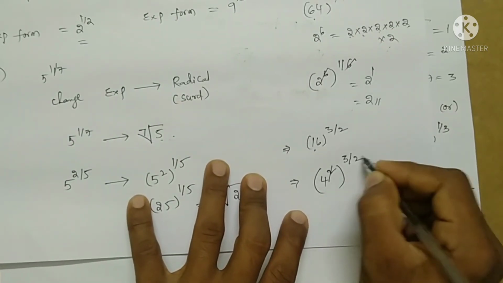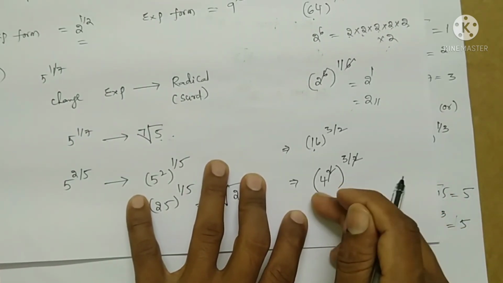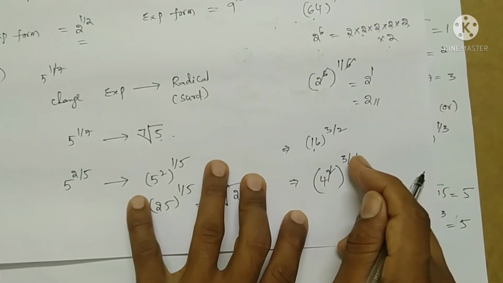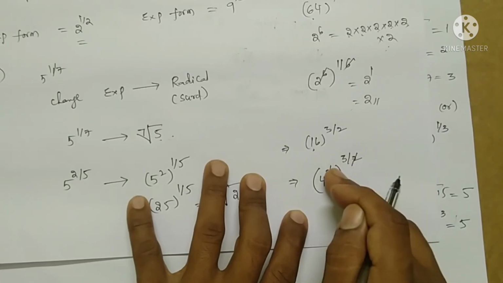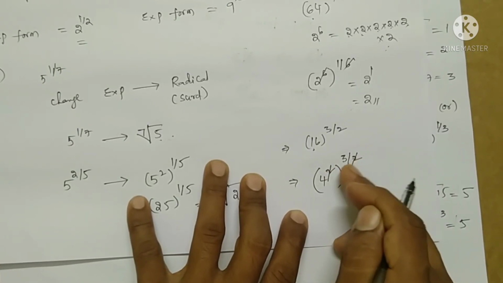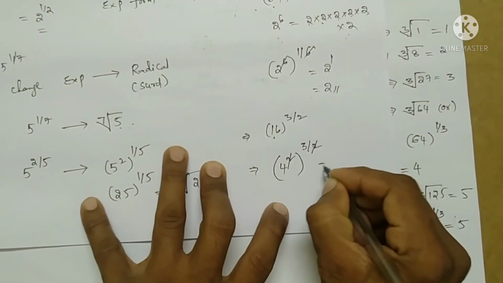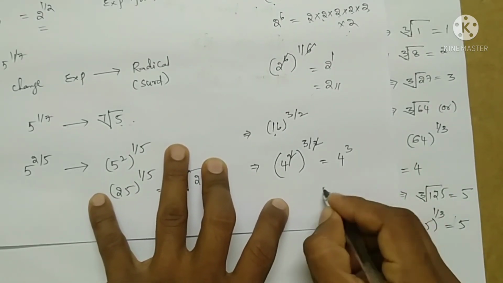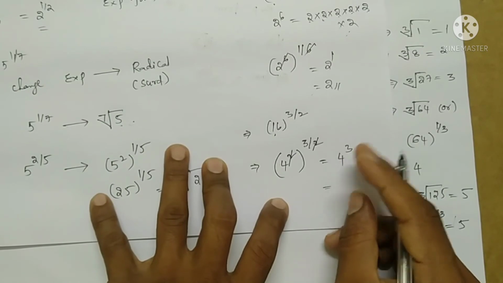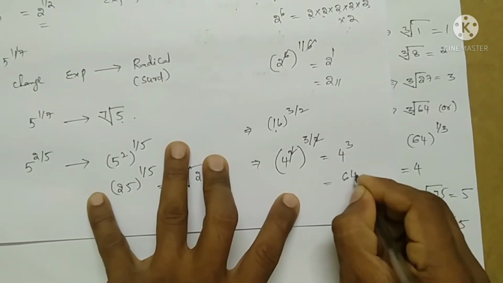Here into 2 by 2. It is of the form a power m whole power n, means a power m into n. Here numerator 2, denominator 2 both are cancelled. Result is 4 cube. Right? 4 cube means 4 4s are 16, 16 4s are 64 is the final result.